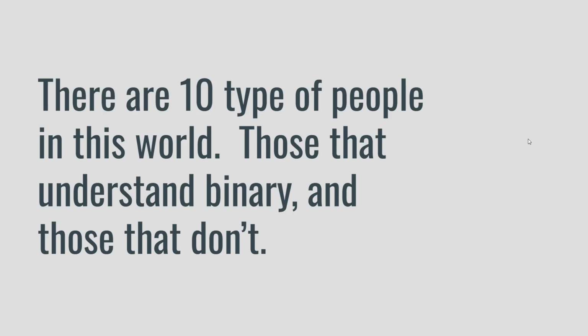Use it. So back at the original slide, at the beginning of the slides, we had this statement from the shirt that said, there are 10 types of people in this world, those that understand binary and those that don't. And now we get it, right? Haha, in binary, this is 2. There are 2 types of people in the world, those that understand binary and those that don't.